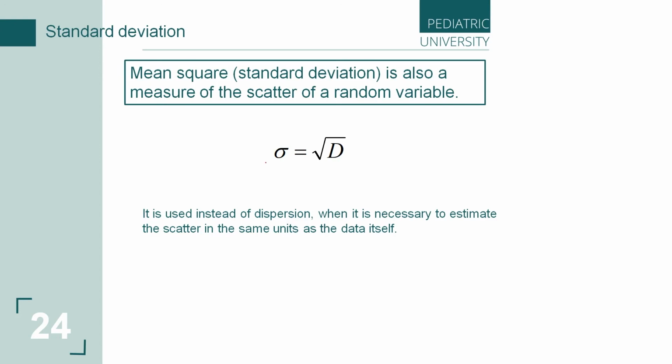The letter is sigma, a Greek letter. Sigma is the standard deviation. We can calculate it: take the root of D, our dispersion or sample variance.